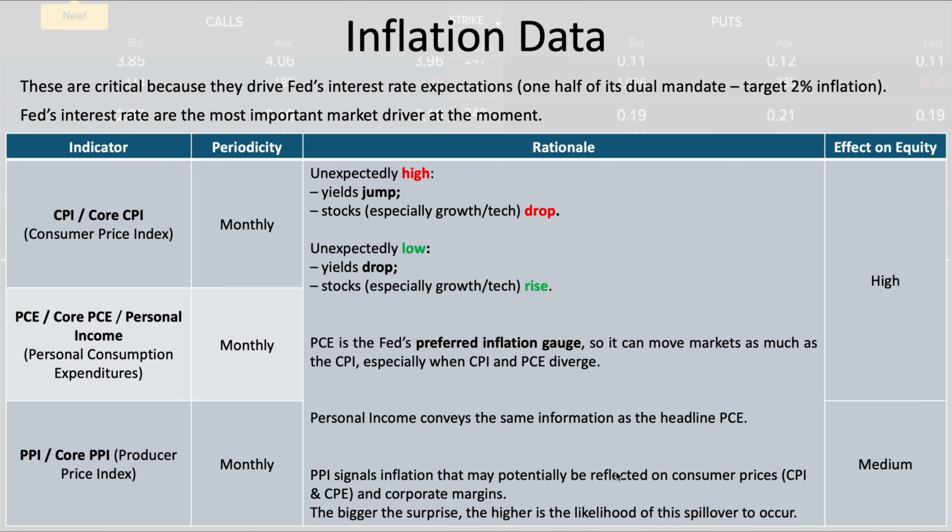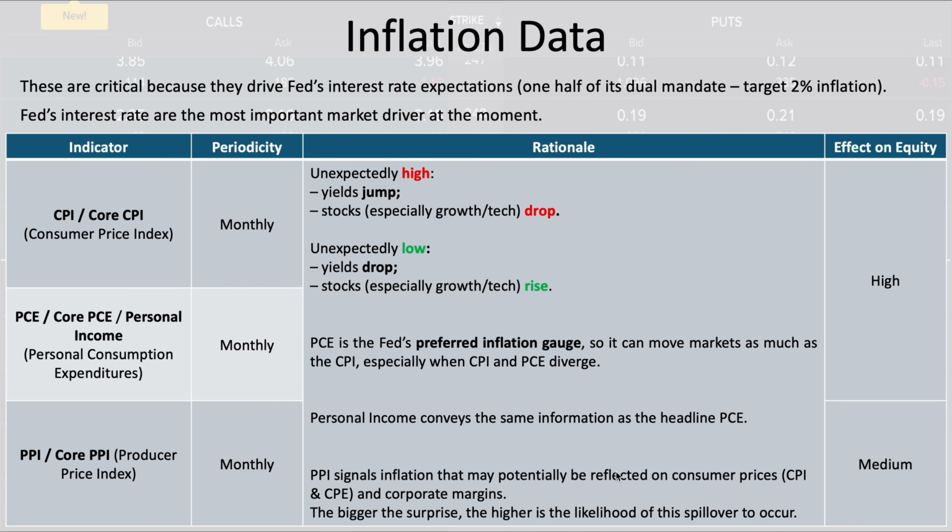And why is that? Because if the inflation comes higher than expected, that means that most likely interest rates will have to go up in the future so that inflation can be brought down.